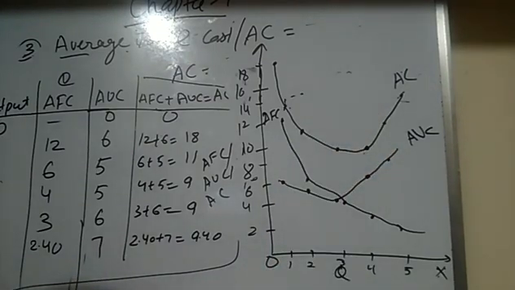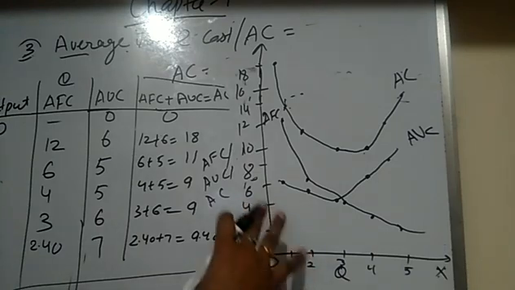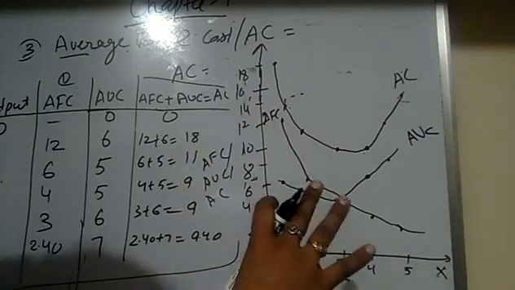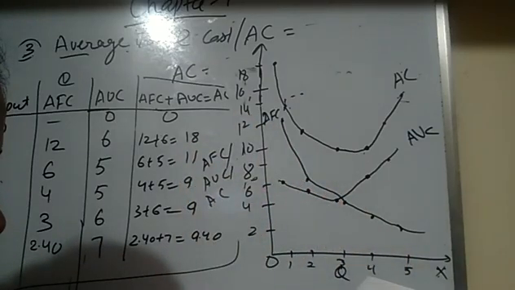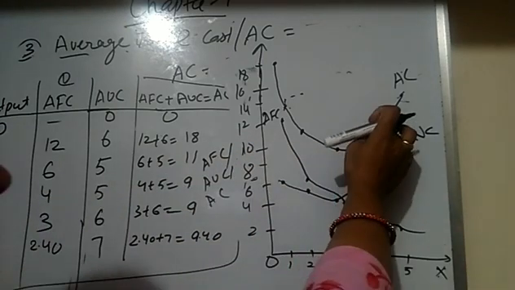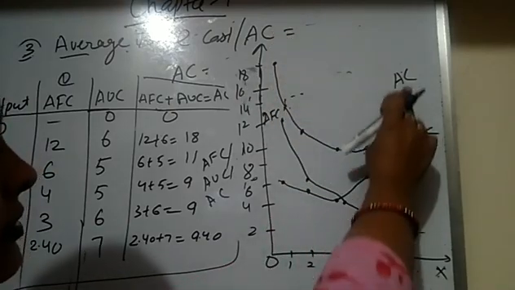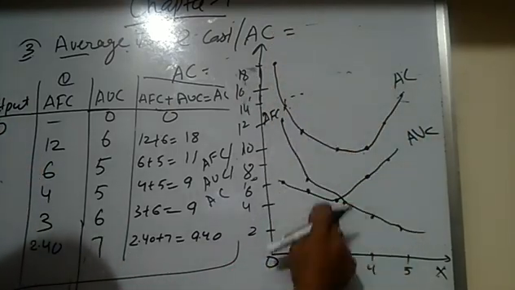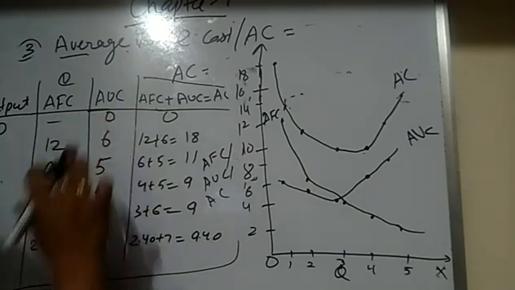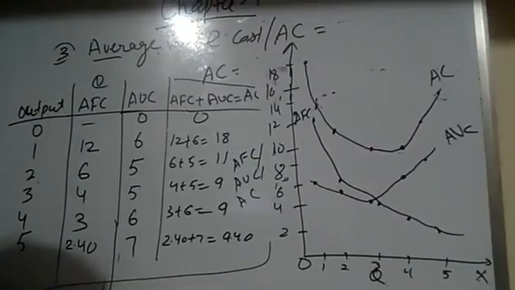So now students, we will understand the relationship between average variable cost, average fixed cost and average cost by seeing this. So students, the AC curve will always lie above the AVC and AFC curves because AC at all levels of output is the vertical summation of AVC and AFC.